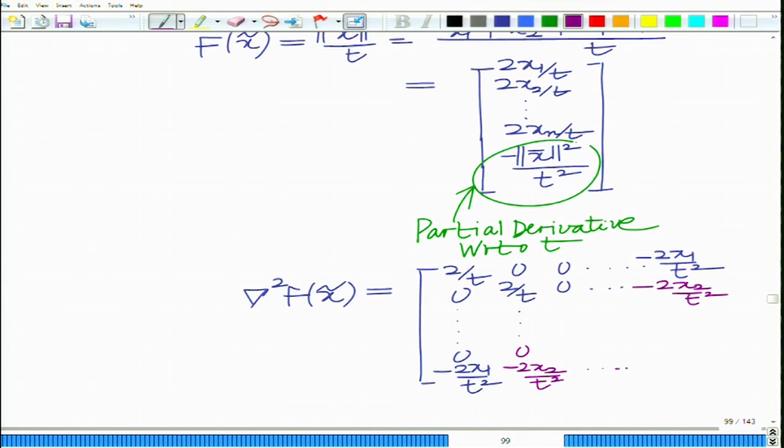You will have so on and so forth, and the last element will be the second order partial with respect to t. So, this will be norm x bar square times the derivative of minus 1 over t square, that is 2 over t cube.